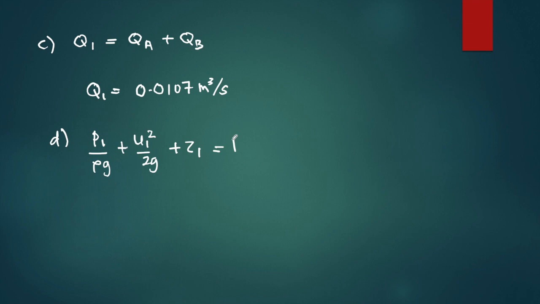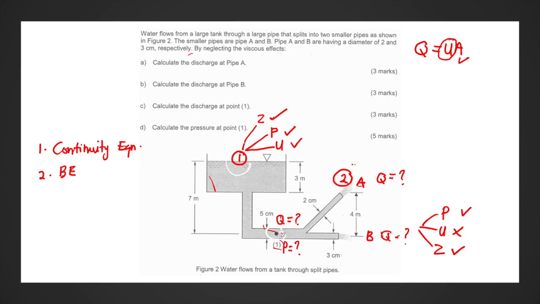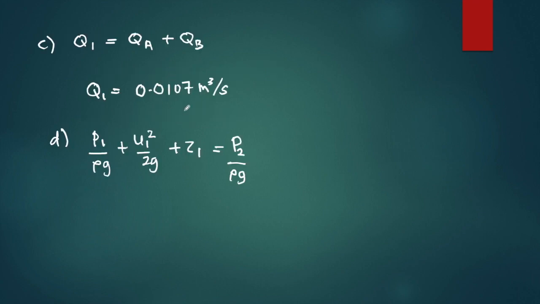So my point 2, I will write down here as point 2, but here we want to find the pressure at 2. Pressure at 2 is the pressure at this point. So my P2 plus U2 square over 2g plus Z2. Now I will remove a few of these terms in Bernoulli's equation.